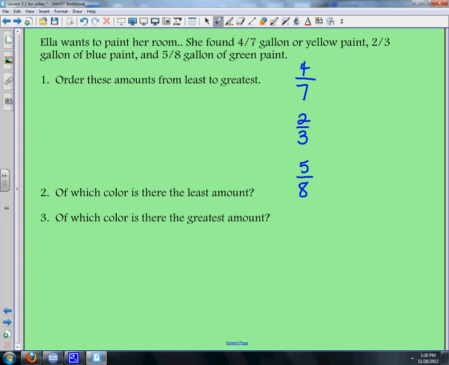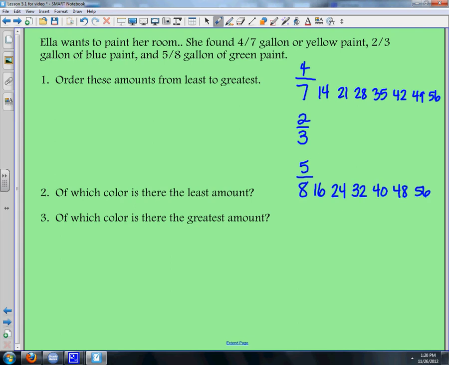So if I listed these out, 7, 14, 21, 28, 35, 42, 49, 56. So if I listed out 8, I'm going to do my two biggest numbers first because they're going to be harder to match up, and then I'll see if 3 goes into it. So 8, 16, 24, 32, 40, 48, and 56.